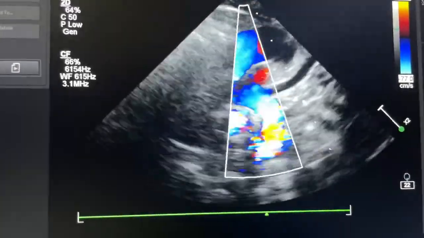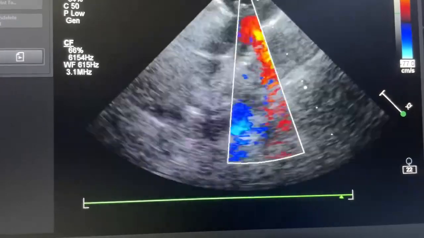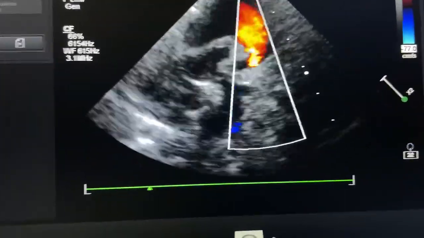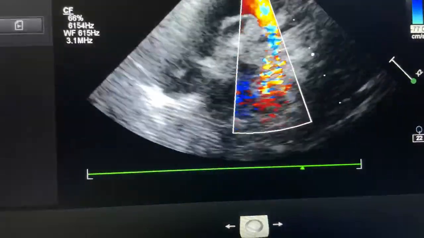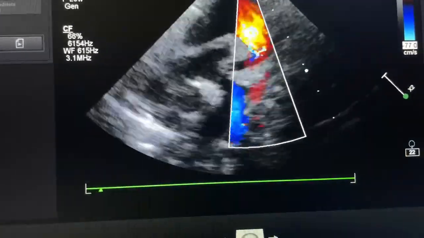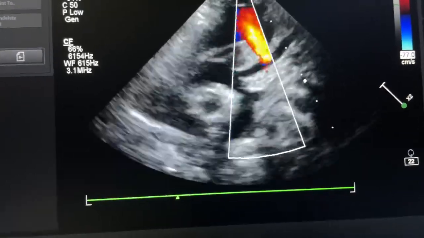So whenever you find the left innominate vein dilated, the superior vena cava dilated, and no pulmonary vein exactly draining into the left atrium, then you have to suspect total anomalous pulmonary venous connection.